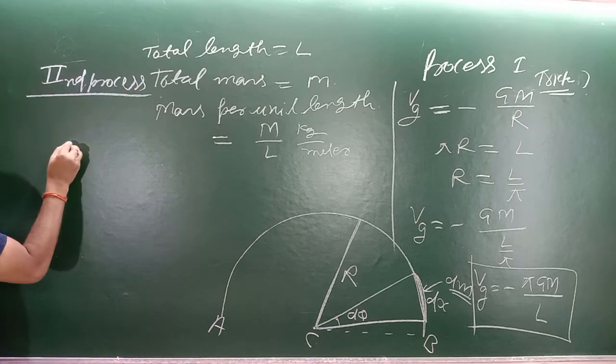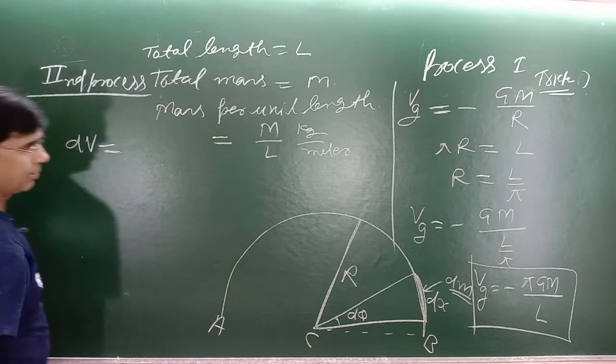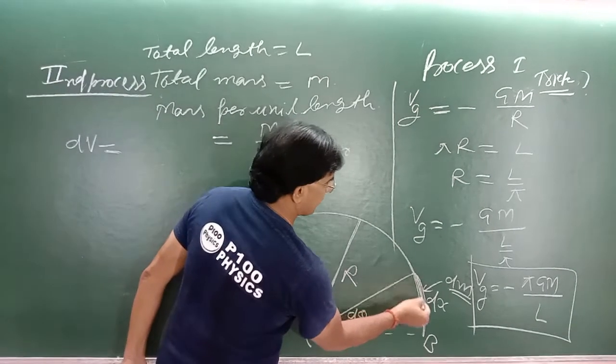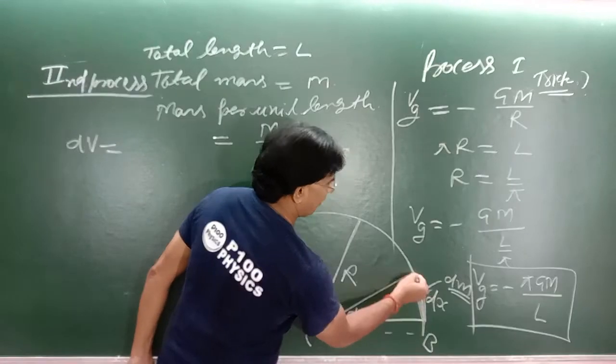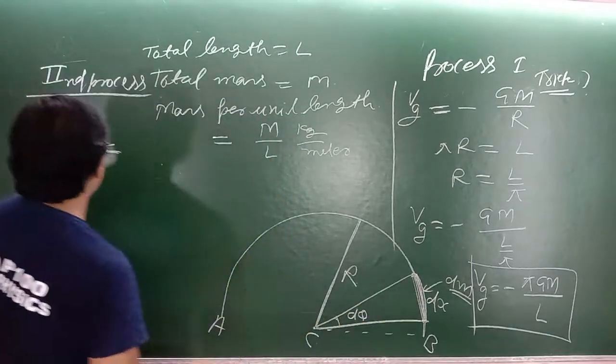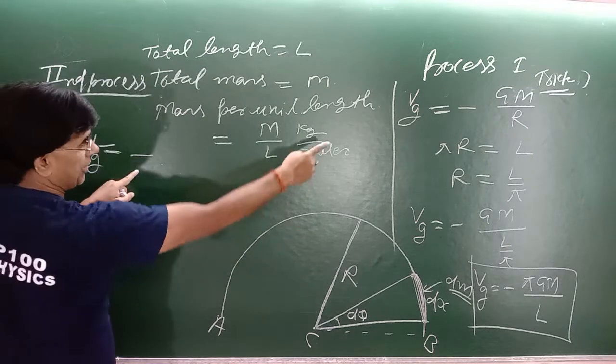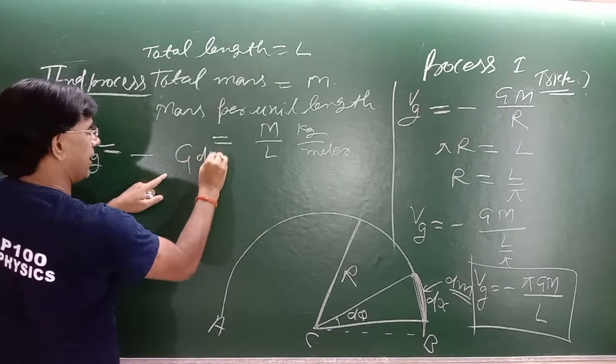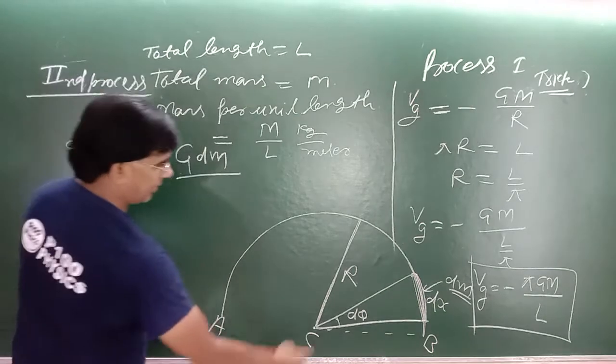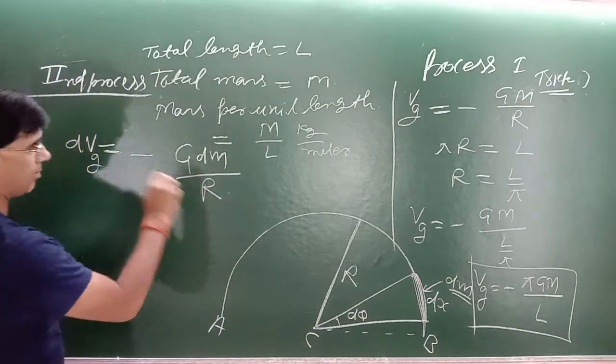You know that dVg will be how much? The gravitational potential developed by only this element: dVg equal to minus G dm upon R, where R is the radius.